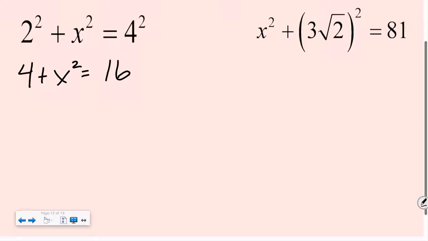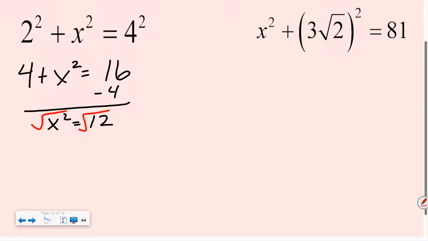Now I'm going to move my like terms over, so I'm going to subtract 4 to the right, and x squared equals 12. And I want to solve for x. So how do I turn x squared into x? Square root. Good. The inverse of squaring something is taking the square root.